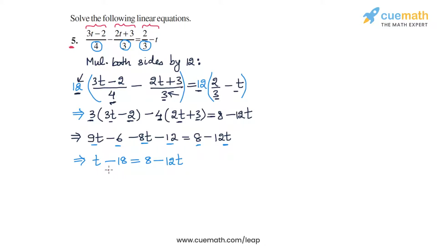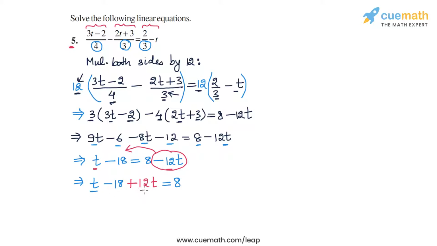Now let's combine the variable terms t and minus 12t. For this purpose, let's take this minus 12t term and transpose it to the left hand side. So we will get t minus 18 plus 12t, and on the right hand side we will have just 8.